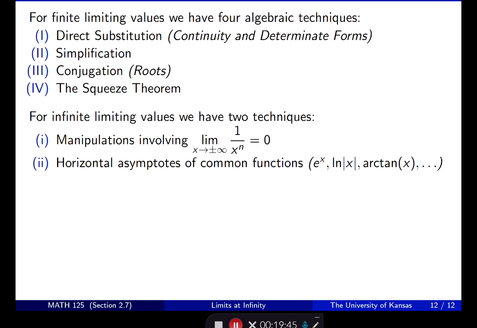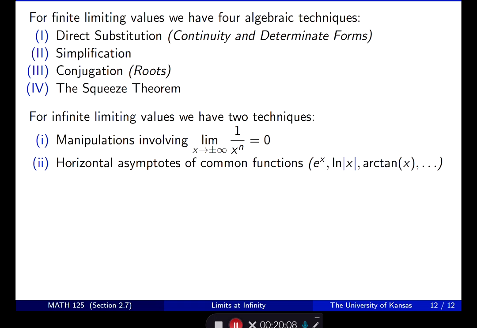For infinite limiting values, we have 2 techniques: manipulation involving the limit as x goes to plus or minus infinity of 1 over x to the n equal to 0, and then horizontal asymptotes of common functions: e to the power x, natural log of x, and arctangent of x.